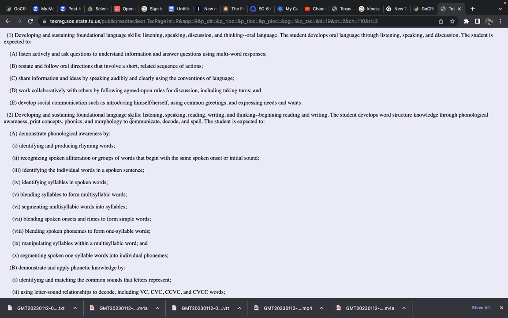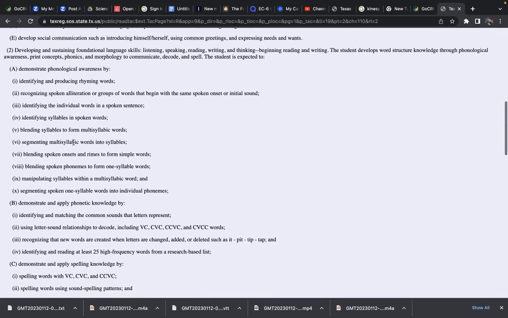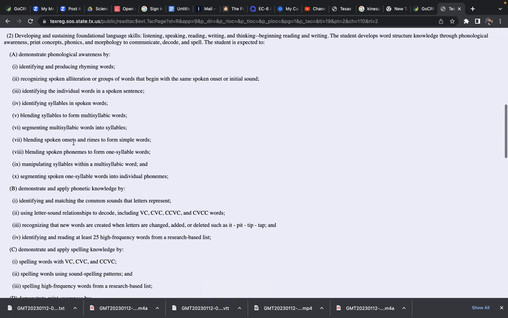Developing and sustaining foundational language skills in reading and writing, beginning reading and writing, and the things that they have to do. The things that they have to do are important. And we need to understand each and every one of these objectives that the students must master. We too must be aware, knowledgeable, and able to instruct and assess on those.